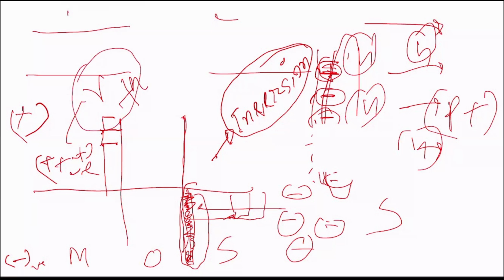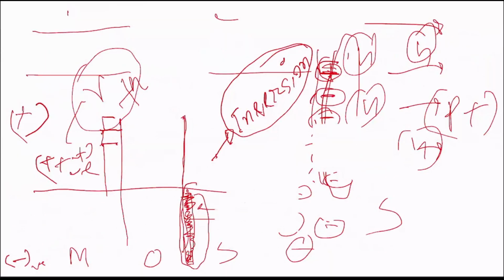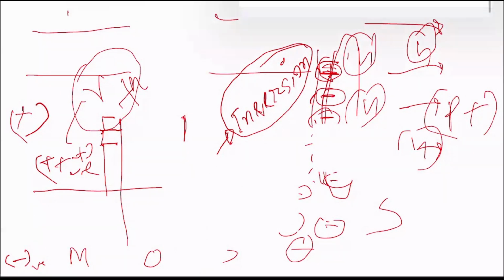And when we were actually in the depletion region, if we increased the charge, if we increased the metal voltage or gate voltage, the depletion region was increasing.